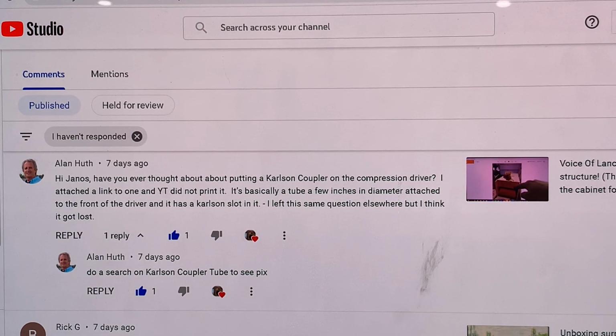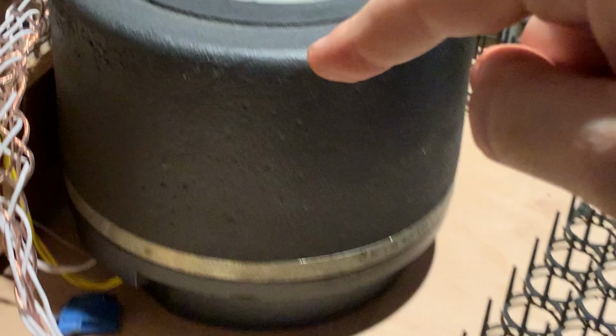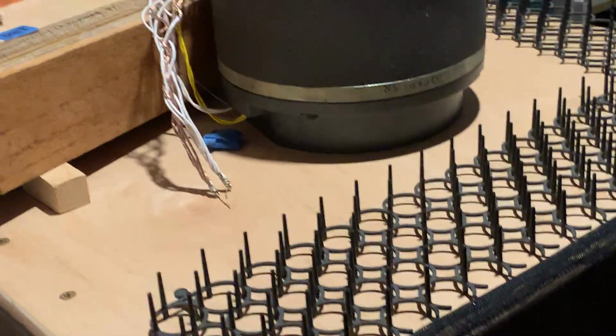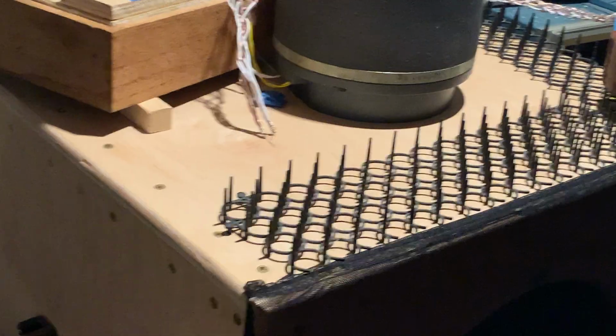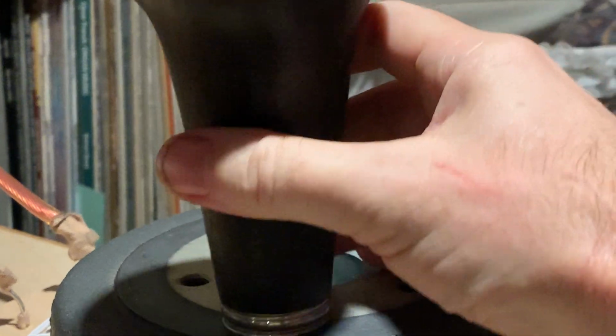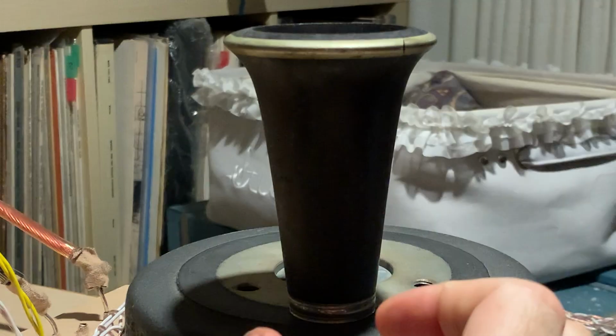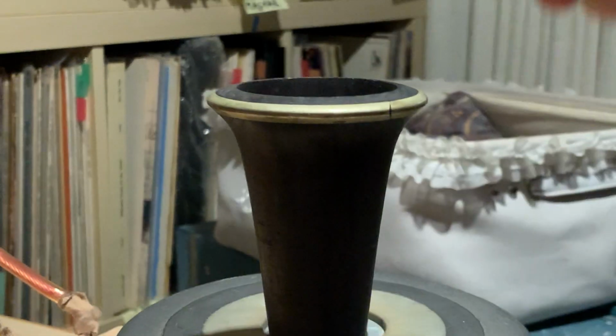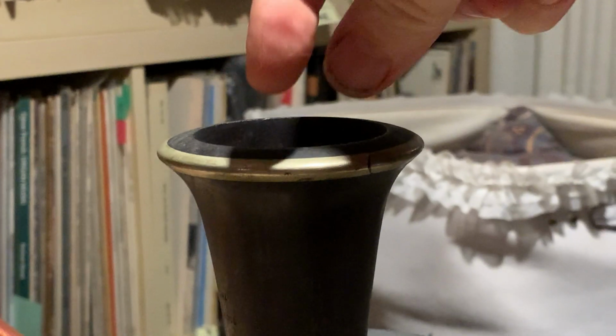Let me show you guys what I'm talking about. Right now you see that I have my compression driver sitting here on top of the loudspeaker cabinet, and if I would add the Carson coupler, it's literally something like adding, now imagine that this is not a clarinet, but it won't stay there, so imagine that I put it there, but this is like a straight thing, or even it can be widening out, but at the end it has just a slot to it.